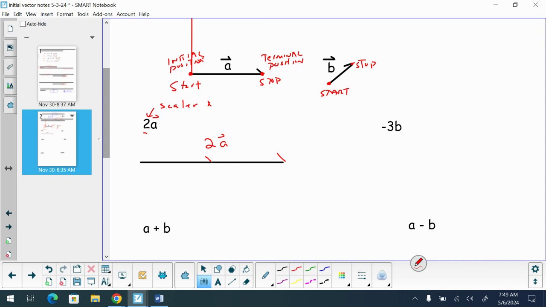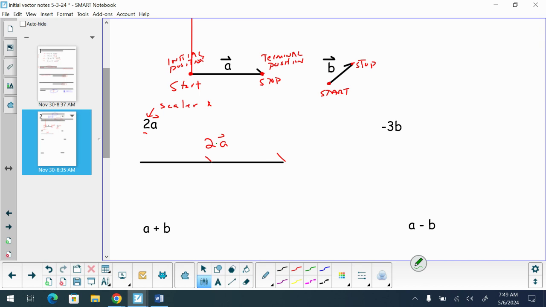When we dealt with 2a, that just means we have two of a. So we are doubling the length. We have multiplication in there if you want to think of it that way. It is our coefficient to the vector. Once again, it's telling us to just double the length.